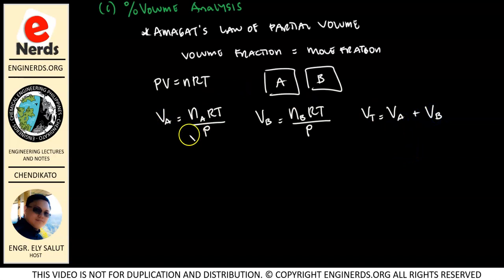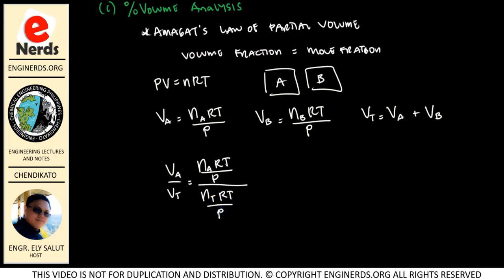Now, let us get the volume fraction, which is VA over VT for our component A. So, VA is equal to nA RT over P divided by the total volume natin, which is the total number of moles, RT over P. So, what will happen?